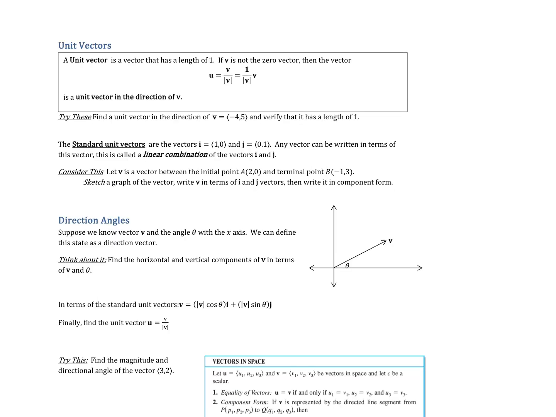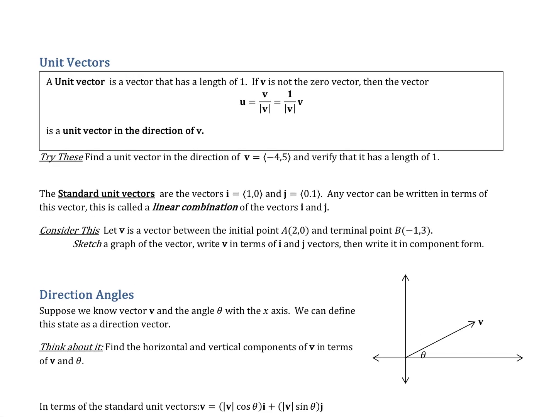One topic is sometimes we want to find a unit vector. A unit vector is a vector that has a length of 1, and it's in the same direction as the original vector. Okay, we just saw when we multiplied by a scalar that it changes the length, but it doesn't change the direction. So the unit vector has the same direction of v.